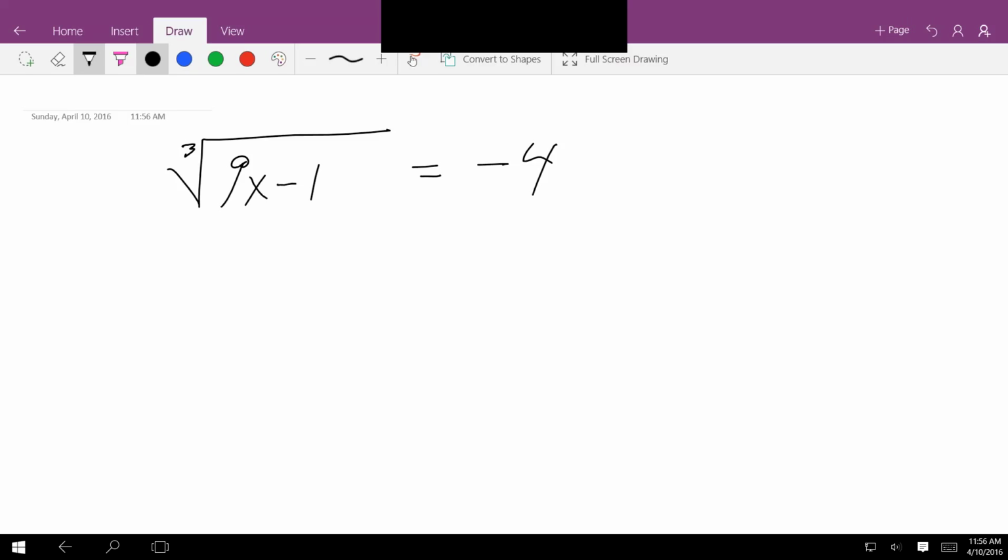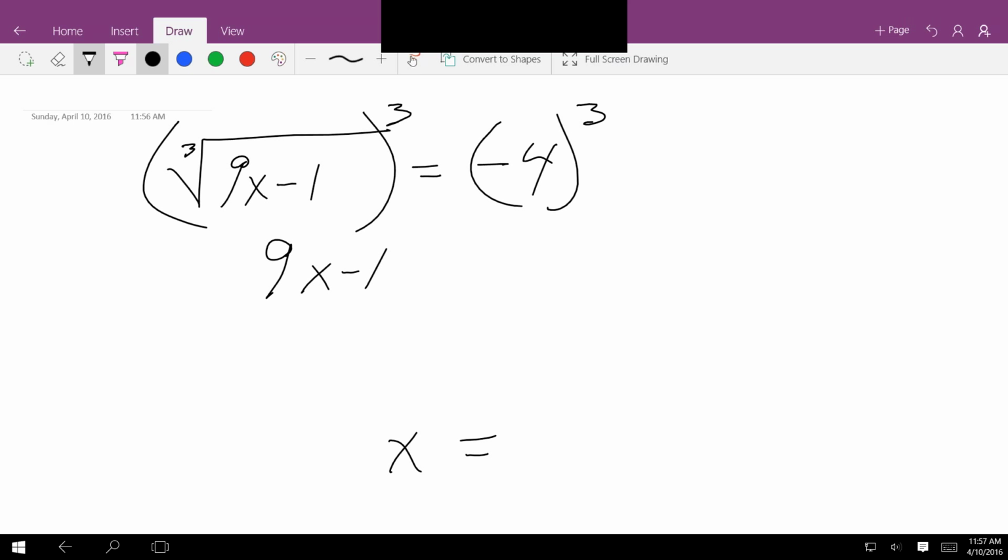Like any equation, my goal is to end up with x equals something. So what steps do I need to take to isolate that x? What's the first one I can do? How do I get rid of that cube root sign? You can cube both sides. Cube both sides, exactly. What's that leave on the left? 9x minus 1.